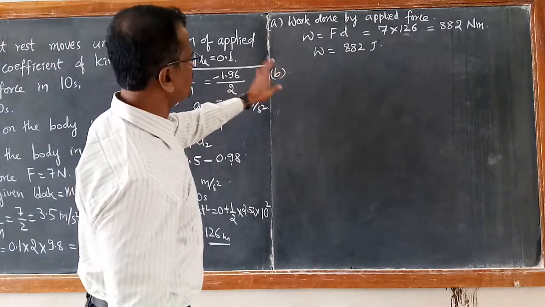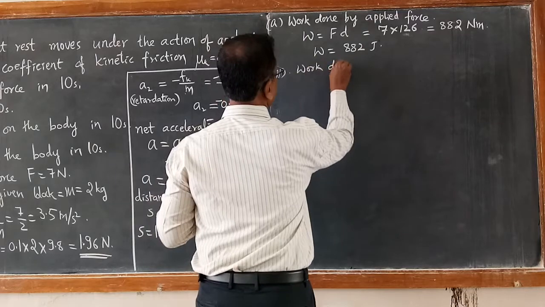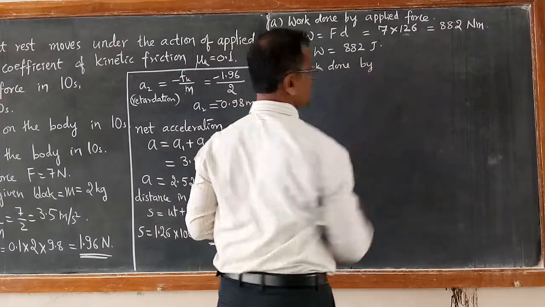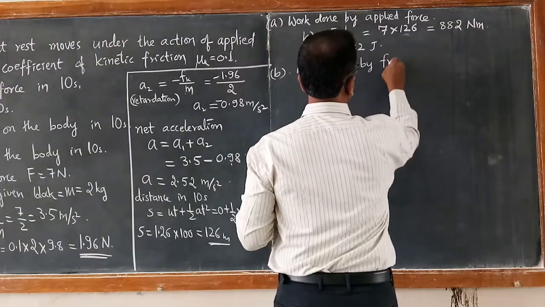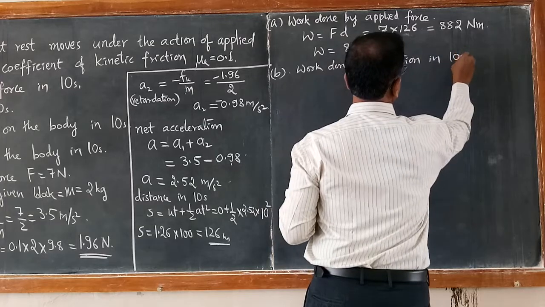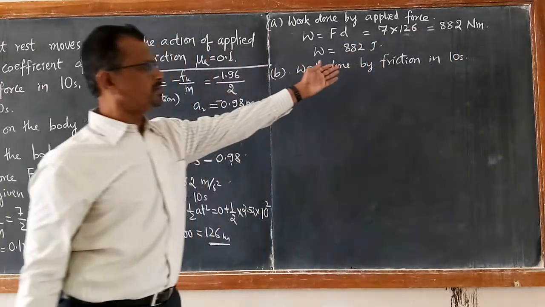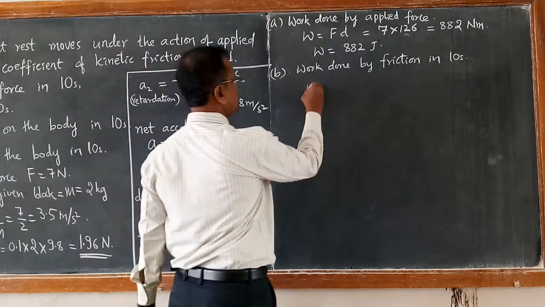Now similarly, work done by friction in 10 seconds. We know the displacement now, 126 meter, so we can directly calculate work done. So this work done will be negative.